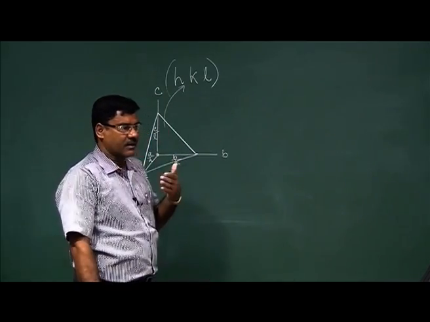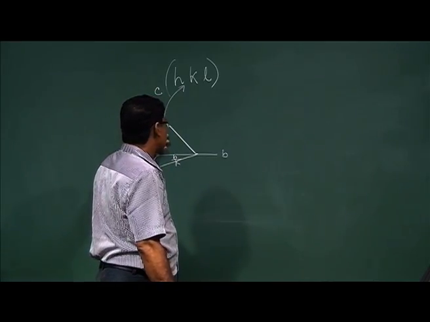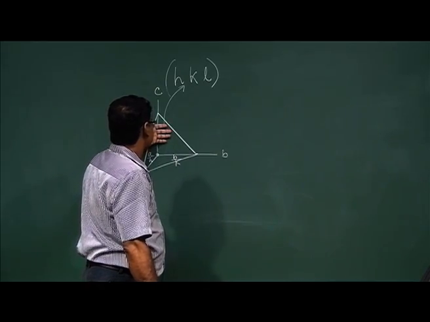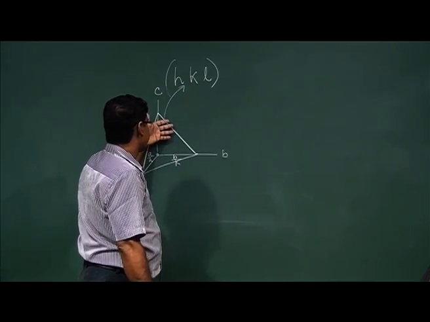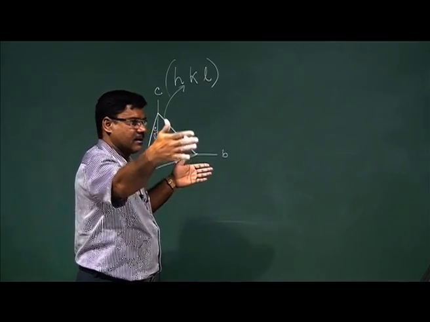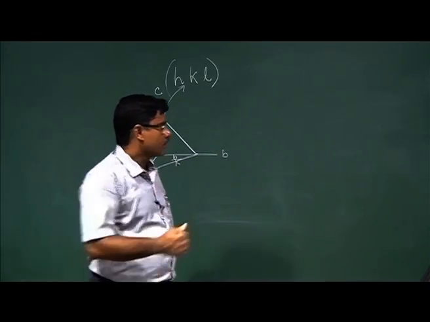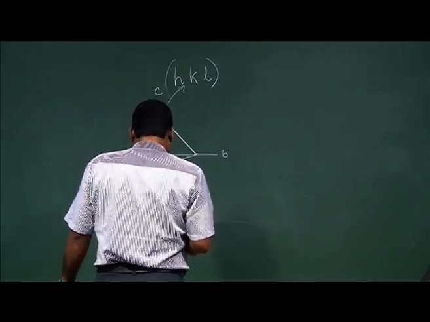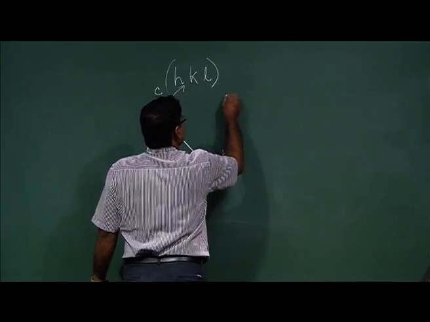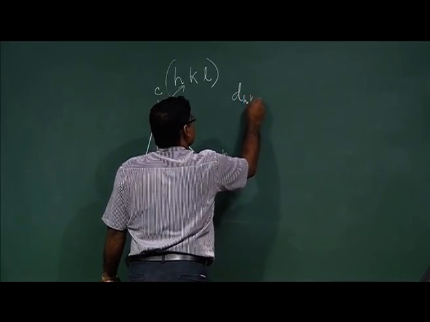Now, I want to find the interplanar distance. As I mentioned, this is the HKL plane, but it represents a set of equidistant parallel planes, so the interplanar distance will be the same between any two planes. This interplanar distance for the HKL plane we represent by, as I told, d HKL.